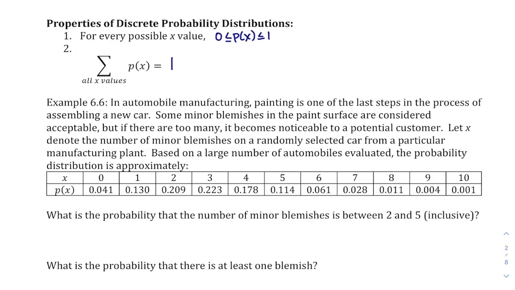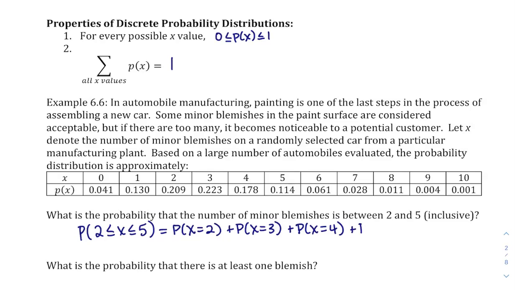From this table, we can answer several probability questions. We could answer the question, what's the probability that the number is between 2 and 5 inclusive? We could write that as the probability that x is between 2 and 5, and that's found by finding the probability that x is 2 plus the probability that x is 3, x is 4, and x is 5.